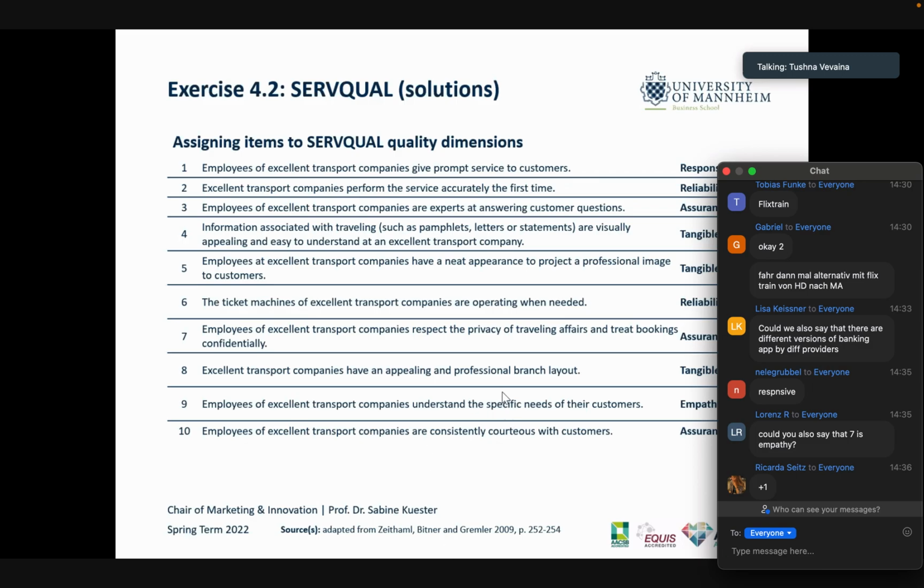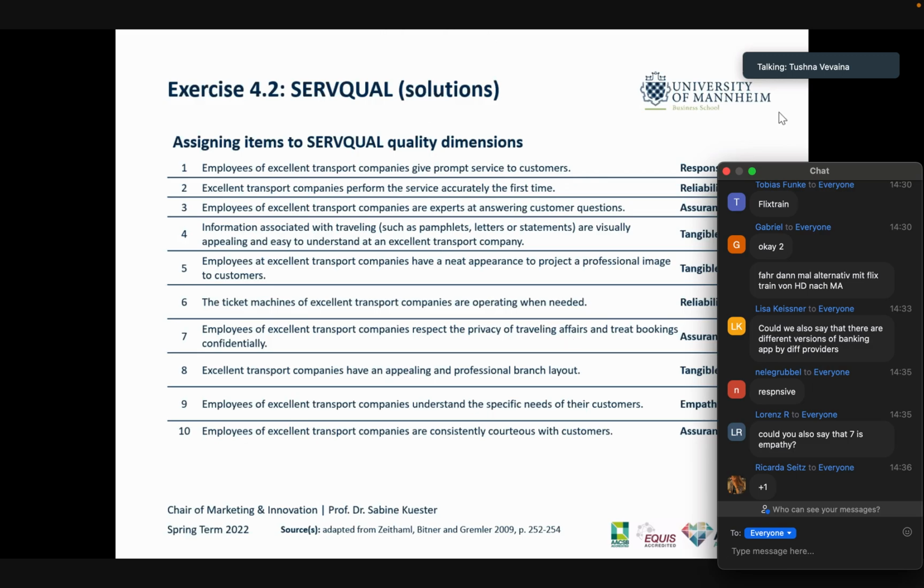Empathy is more with respect to, I understand that we are sorry that it's late, a train is late, or we understand that you need a particular extra booking, or you need an extra accessory in your seat, or you need some extra support, additional help. So that is empathy. Assurance would be, like even in example 3, where you're given a sort of guarantee. And privacy would be more of a guarantee, that we guarantee you that we are not going to breach your privacy.